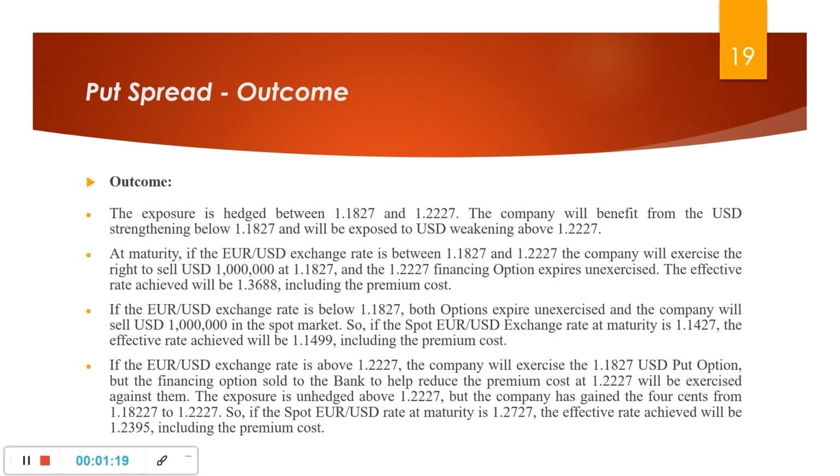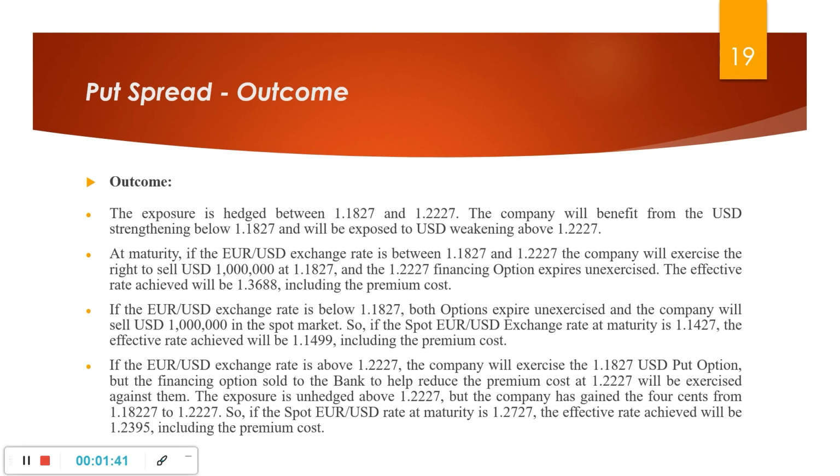So, what would be the outcome? The exposure is hedged between 1.1827 and 1.2227. The company will benefit from the USD strengthening below 1.1827 and will be exposed to USD weakening above 1.2227.